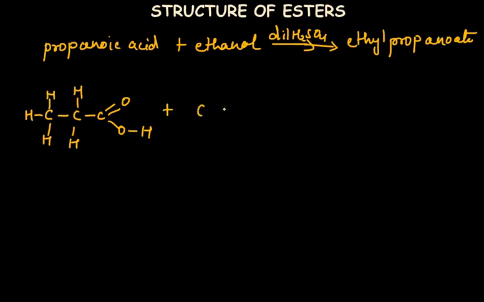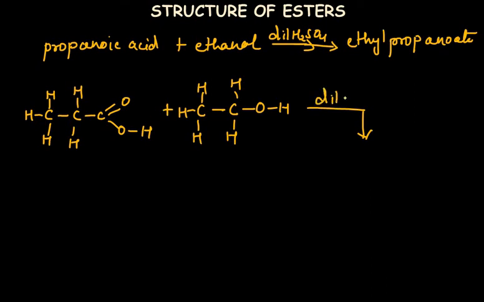Let's draw the ethanol with 2 carbon and the OH, remaining valency of carbon, that is 4 covalent bonds of carbon is fulfilled by adding hydrogen, remaining hydrogen. Now if we draw the ester structure from this, dilute sulfuric acid as a catalyst. Now as we have already learned that the acid part is drawn first.